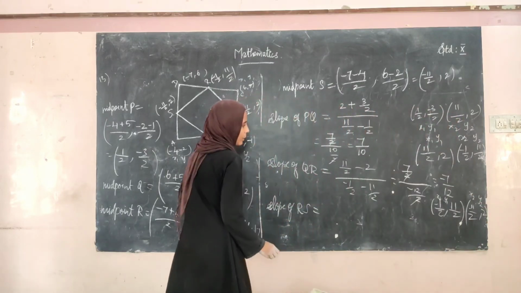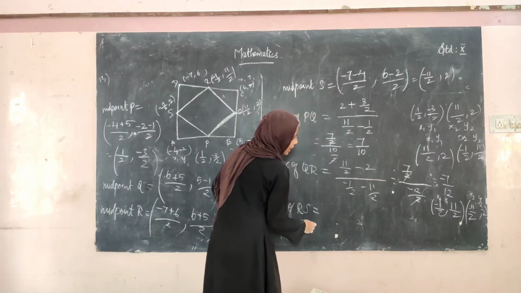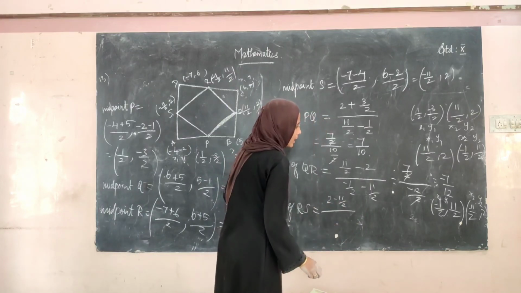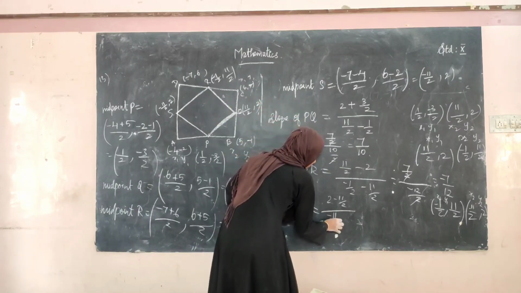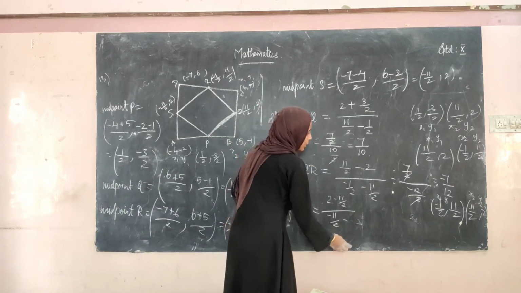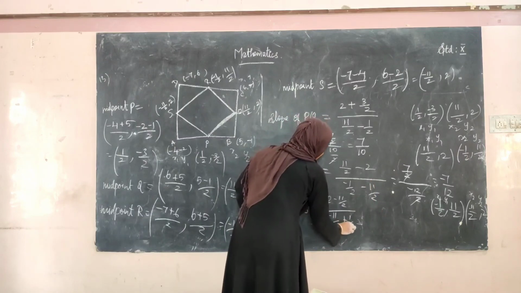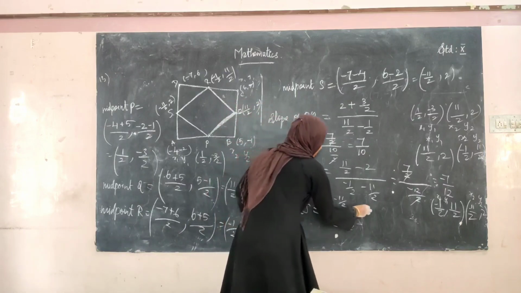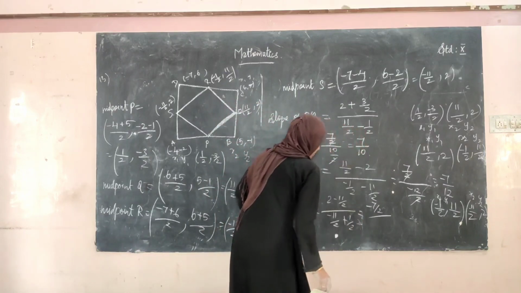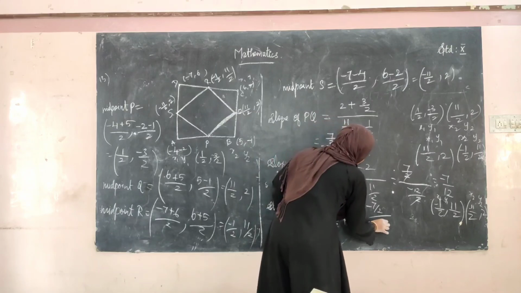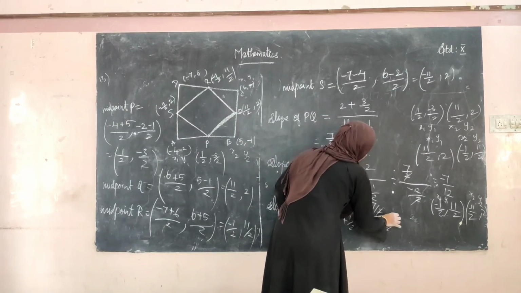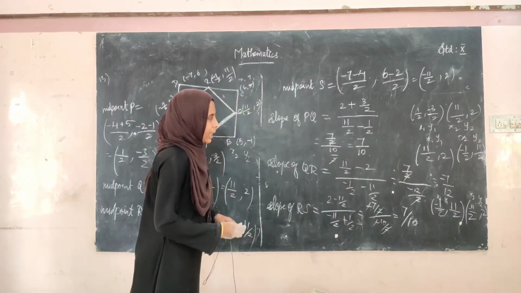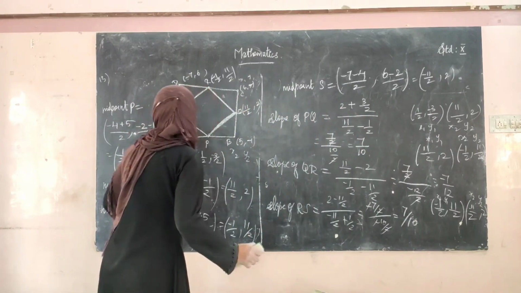Equal to y2 minus y1, which is 2 minus 11 by 2, whole divided by x2 minus x1. x2 is minus 11 by 2 minus x1, which is minus of 1 by 2, so it becomes plus 1 by 2. So 4 minus 11 is minus 7 by 2, divided by minus 10 by 2. So 2 and 2 get cancelled, plus and minus get cancelled. The answer is 7 by 10.